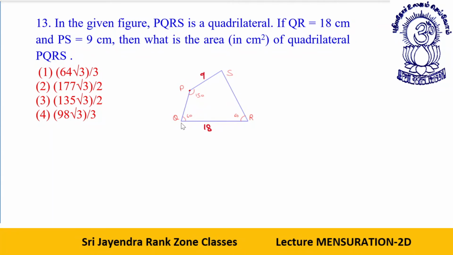You have to determine the area of this PQRS. It's my humble advice, don't jump to just solving this question. Think about it. Pause the video and think about it. I hope you paused the video and now you have unpaused it. Now let me tell you the solution.